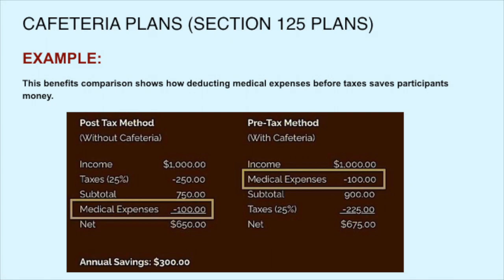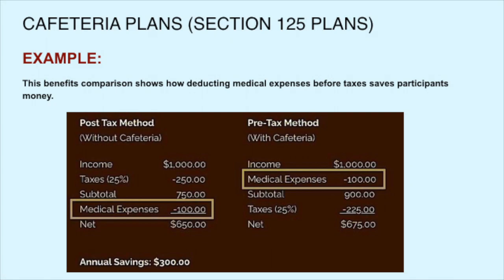If you look on the screen towards the left-hand side, where it says post-tax method, which is without the cafeteria plan, see how and when the medical expenses are deducted. First, the employee's income is shown, which is $1,000. Then the taxes are taken out. He's taxed at a 25% rate, so 250 came out and the adjusted income is 750. The medical expenses are deducted after the taxes are calculated on the gross income, and his net take home pay for the week is $650.